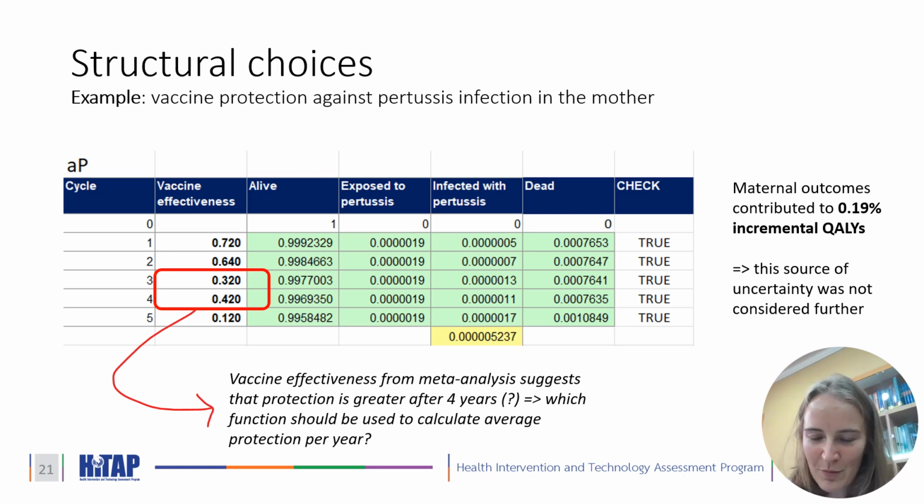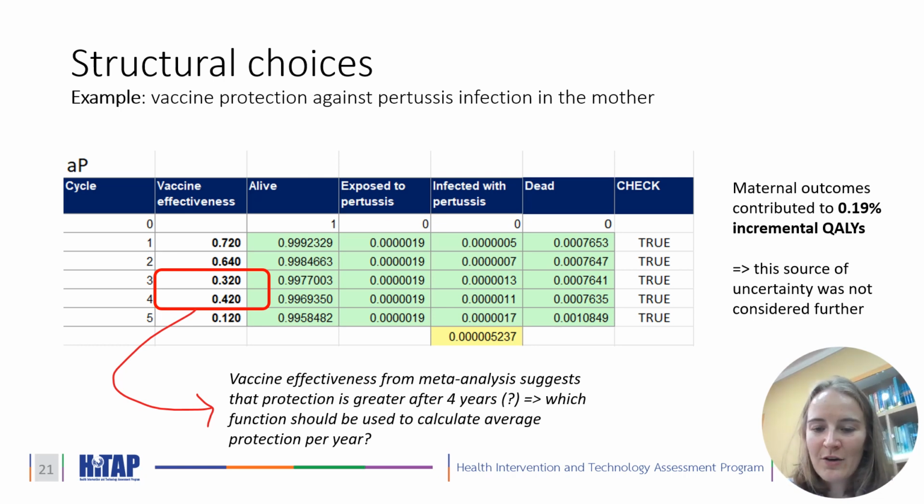That's unlikely to be the case, probably because of the methods that were used for the meta-analysis and some of the limitations in the data. But then there was a question for us: are we just going to plug those raw values into our model? Are we going to try and smooth out the points in any way? In this case, again, going back to what's pragmatic, what's actually going to influence the outcomes.